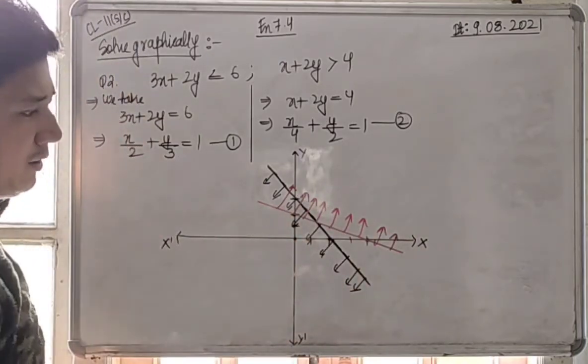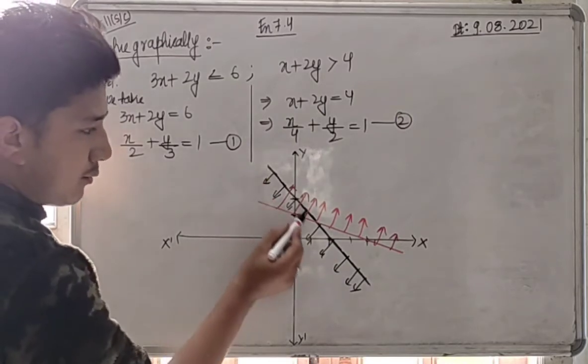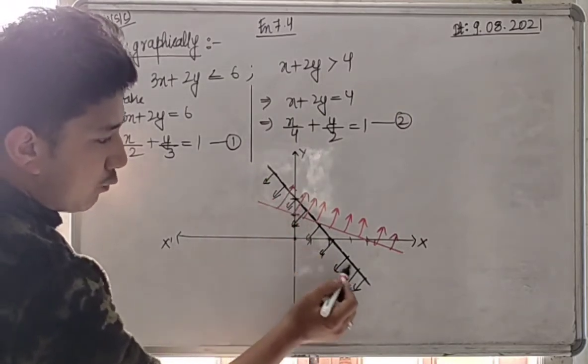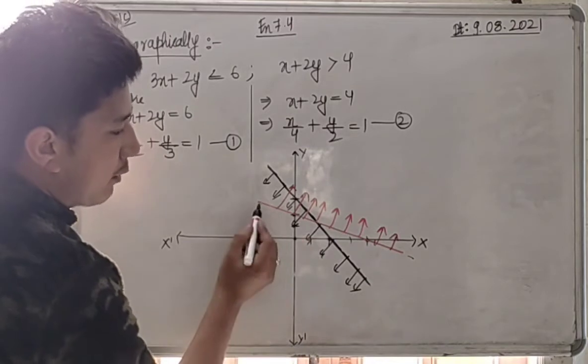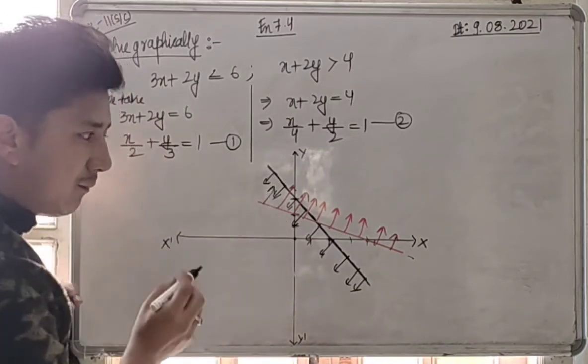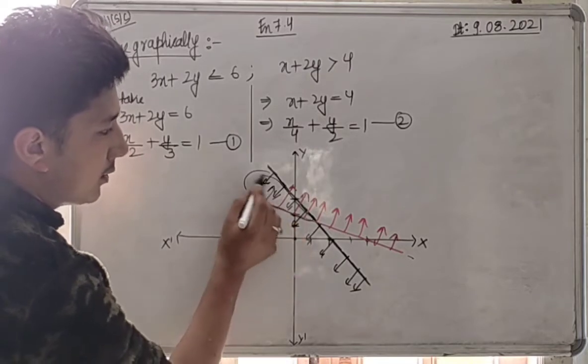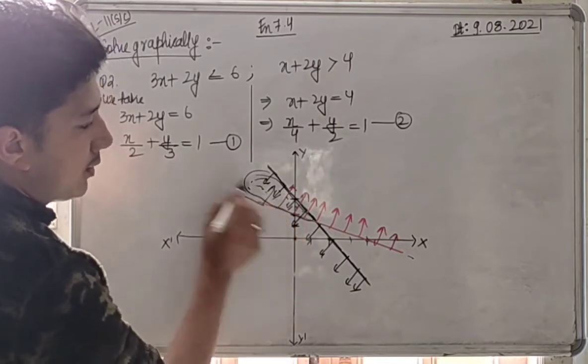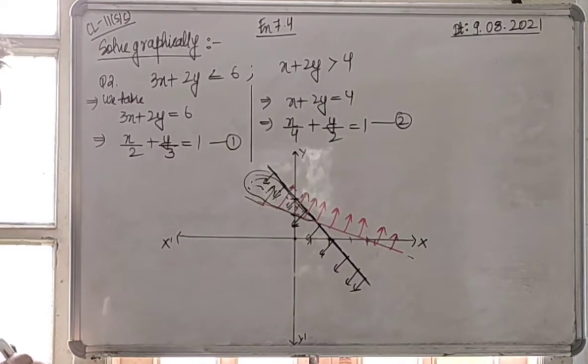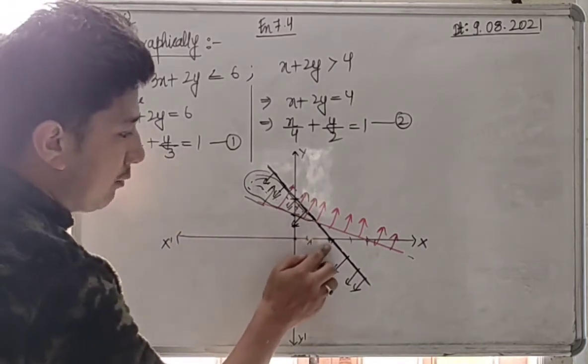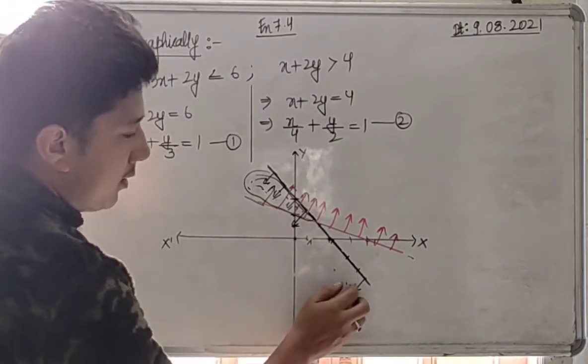If I see properly out here, on this straight line the arrowhead is downwards, and for this straight line the arrowhead is upwards. So if you notice properly, this portion is only your answer. This portion is your answer. So when you give the final answer, please exclude these other portions.